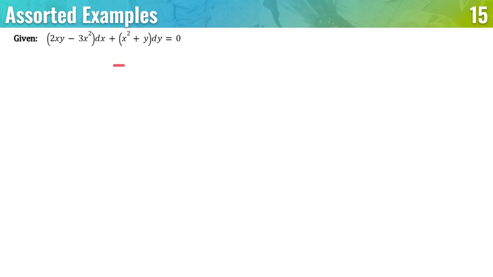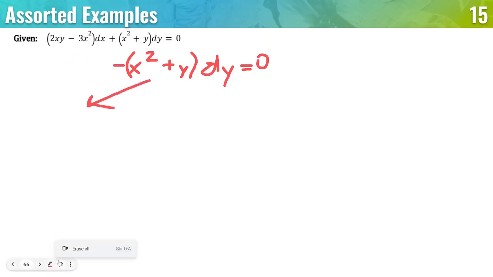If this becomes negative x squared plus y dy on the same side of the equation, it's still difficult to separate. So it doesn't seem to be variable separable, since if you move this to the other side, it's going to be hard to separate.